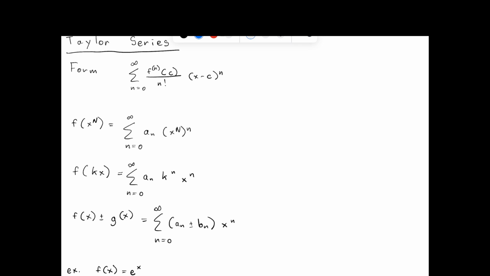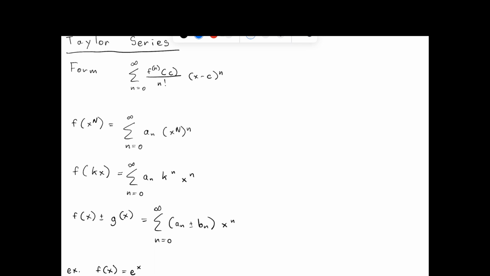The first property is that if you're evaluating f at some power of x, let's just say x squared, x cubed, or so on, you can evaluate your polynomial, let's just say centered at x equals 0, and just directly plug in that new power of x. Instead of x, you might have x to the n.